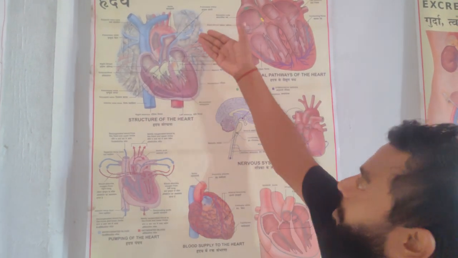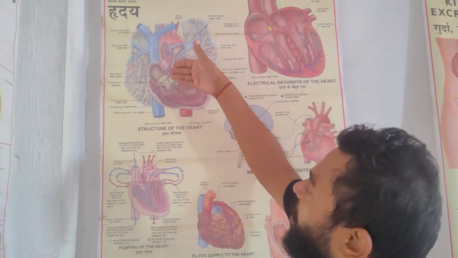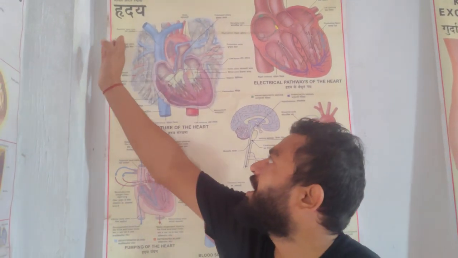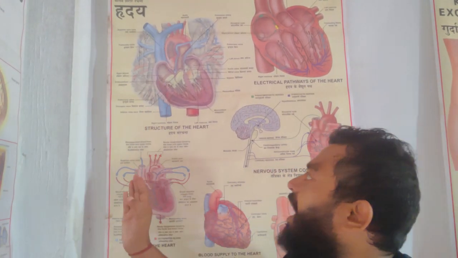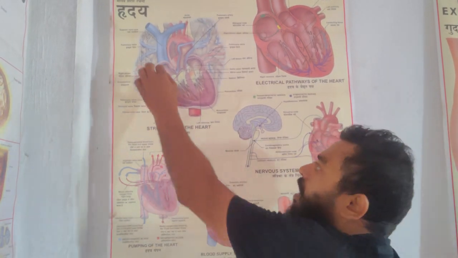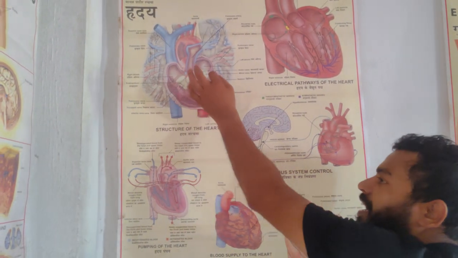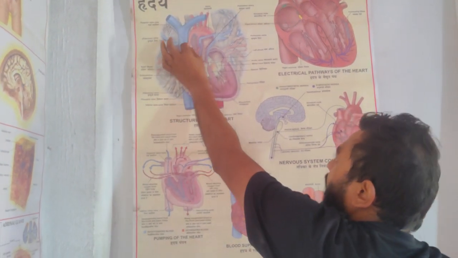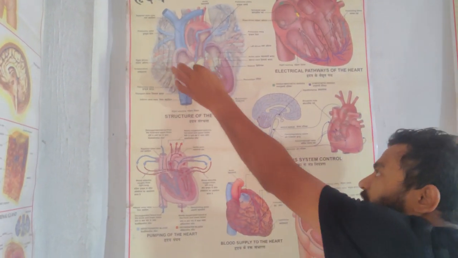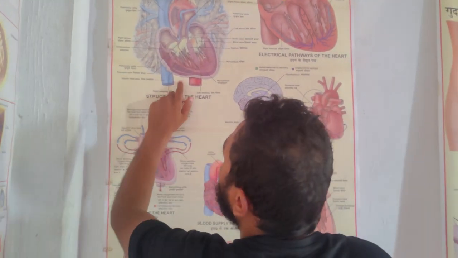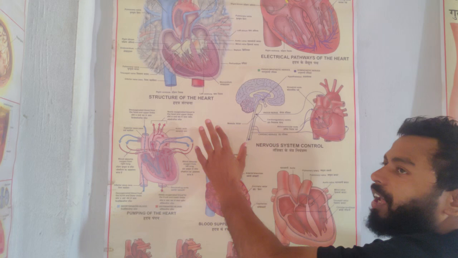First of all, blood enters the heart through the vena cava. The upper part is the superior vena cava and the lower part is the inferior vena cava. Then blood reaches the right auricle, and after the right auricle is filled, blood goes into the right ventricle due to the opening of the tricuspid valve.